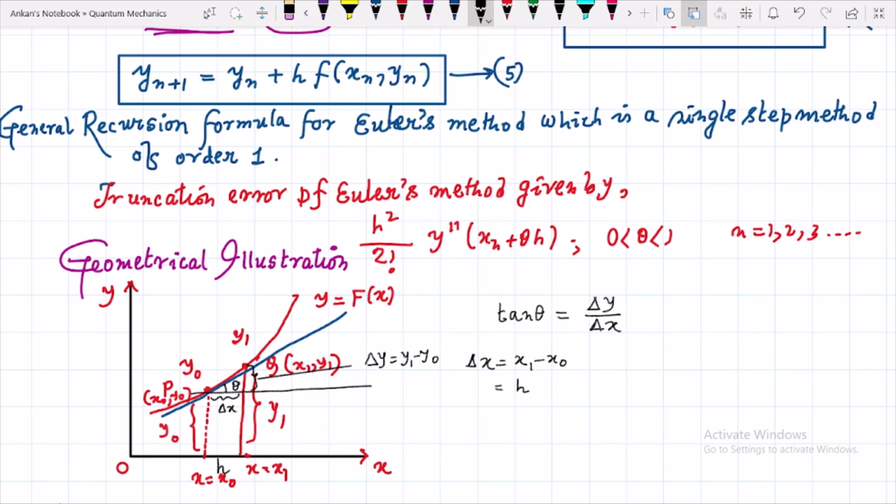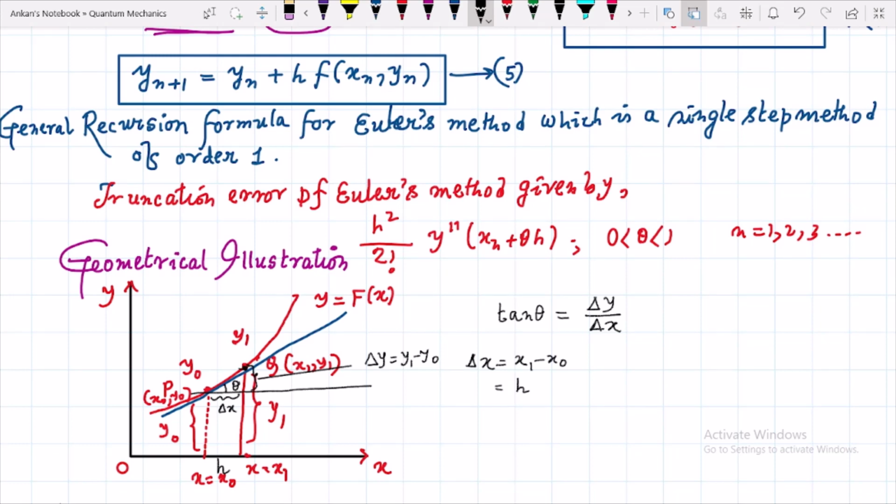Okay, so from this you can get the equation or approximate solution of y1, since x0 and x1 are very close to each other, and they must be very close to each other.